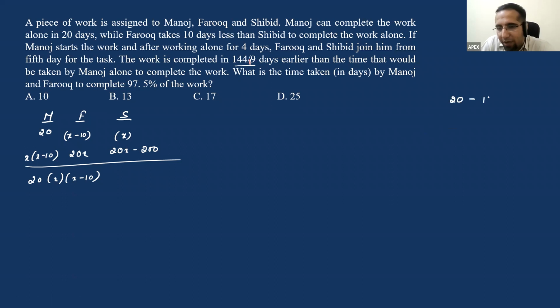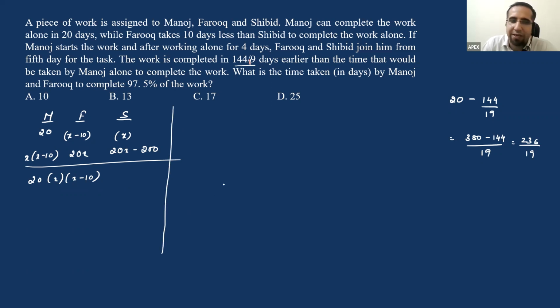So the total time taken for the work to get over is less than this, that is 380 minus 144 divided by 19. That's going to be how much, guys? 236 by 19, which means for 236 by 19 days, Manoj worked.